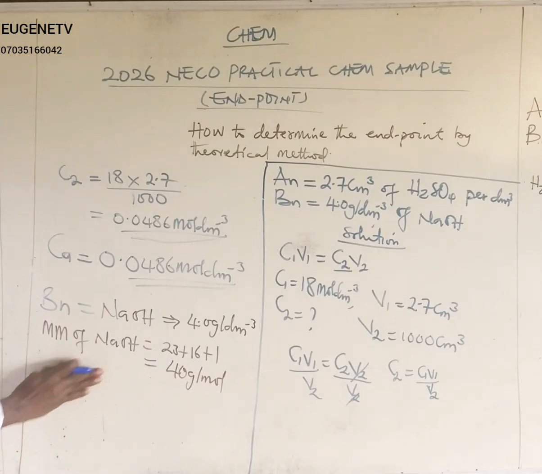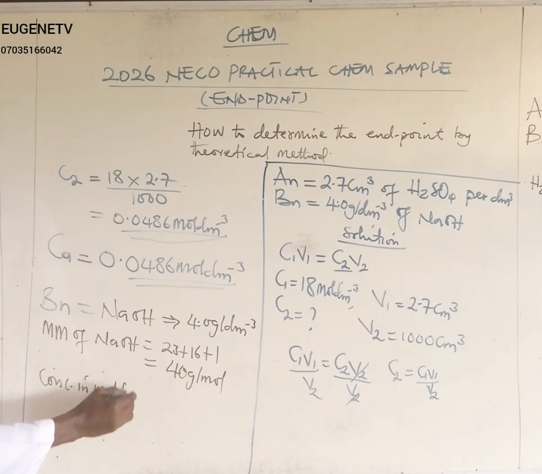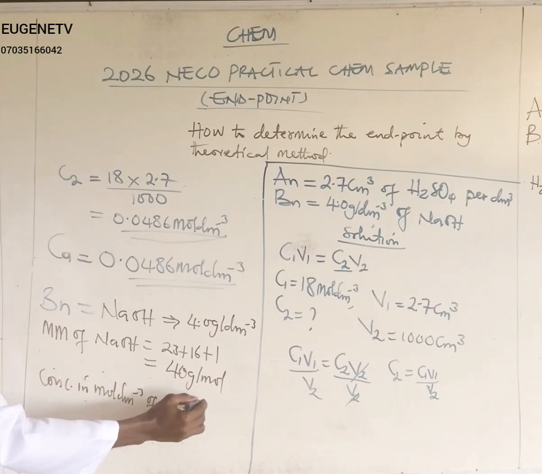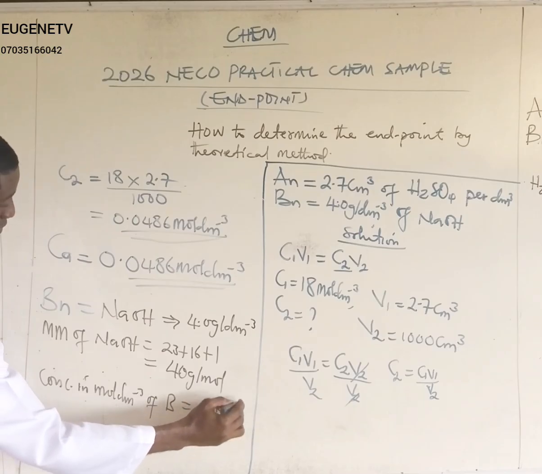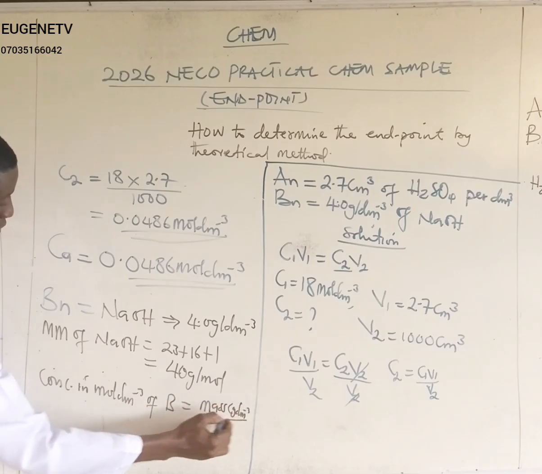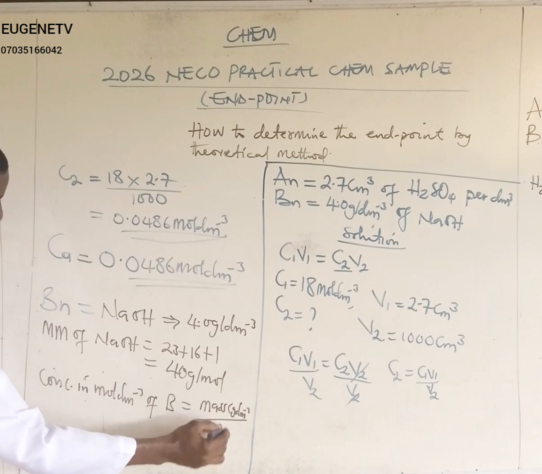So how do we find concentration in mole per dm cubed? The concentration of B is going to be mass in gram per dm cubed all over molar mass.